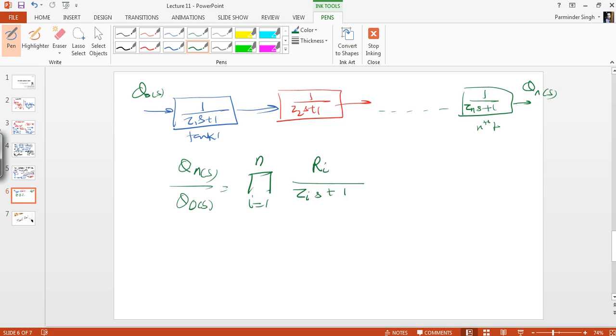So the transfer function of the first gets multiplied by the transfer function of the second, third, fourth, and then the nth. So the overall transfer function will be the product of the individual transfer functions of the individual tanks.